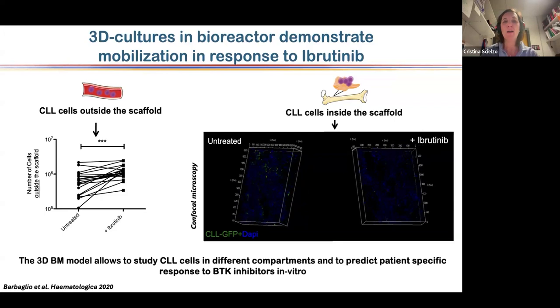Now we are implementing these models also for the lymph node environment and also to perform drug testing with other targeted therapies. But still, we are stuck in this case with cell seeding. We need to seed the cells on the scaffold, and this has a lot of limitations, overall if you want to improve the complexity of the system by adding different cell types to mimic other tissue.